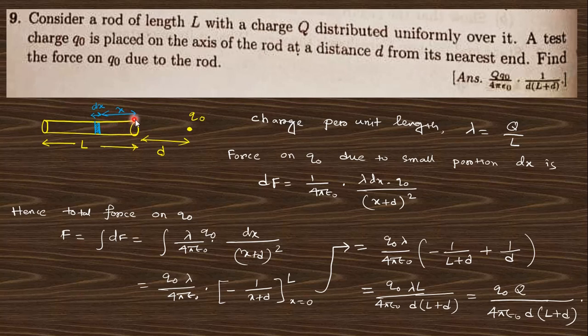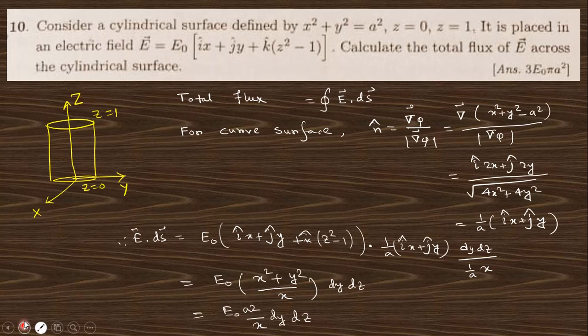So if you consider the dx portion at a distance x, then for this portion the force will be 1 by 4 pi epsilon naught, for this charge lambda into dx, and another charge is Q0, and the total distance is x plus d whole square. Hence the total force will be found by integrating the above force, you will get this constant, and the integration of this is minus 1 by x plus d. So x will be minimum 0, maximum is L. So if you put this value, you will get this answer. Go to the next one.